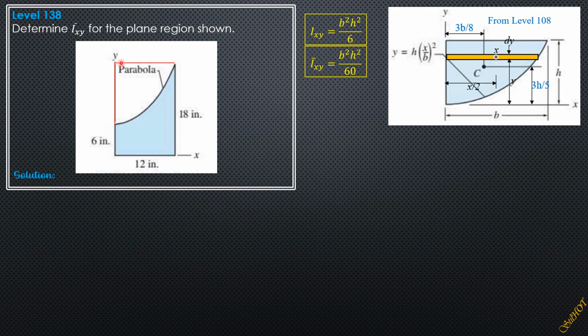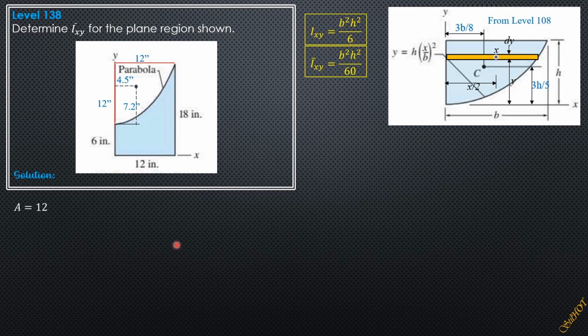So here, this is the parabola which measures 12 inches by 18 minus 6, which is also 12. The area of a parabola, by the way, is 2/3 base times height. So that's the location of the centroid. This is 3/8 of 12, so that is 4.5 inches, while this distance is 3/5 of 12, 7.2 inches, but with respect to the x-axis, 6 plus 7.2.